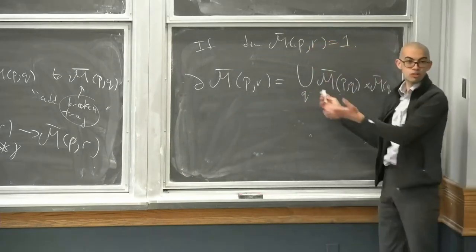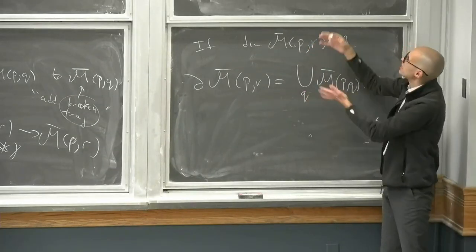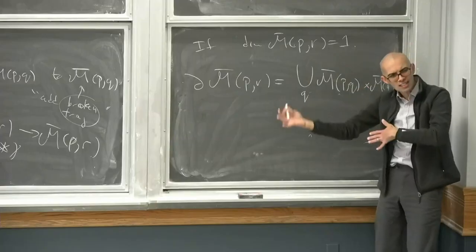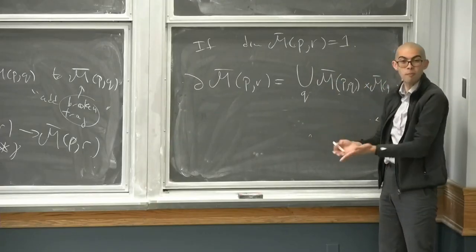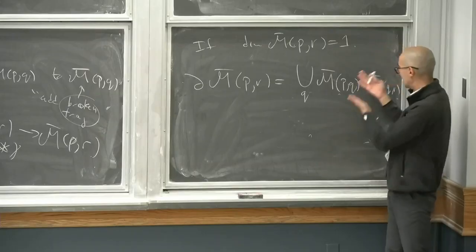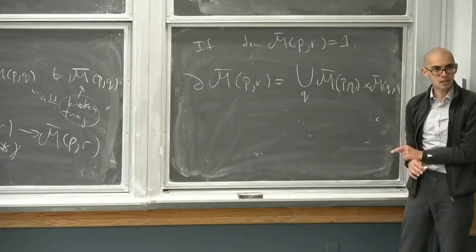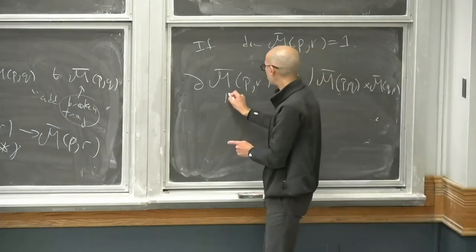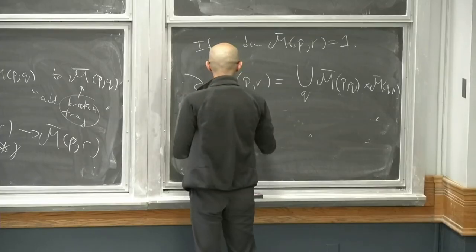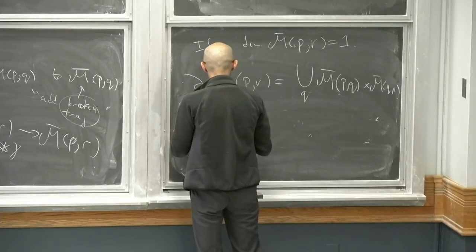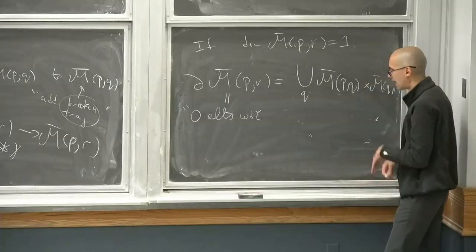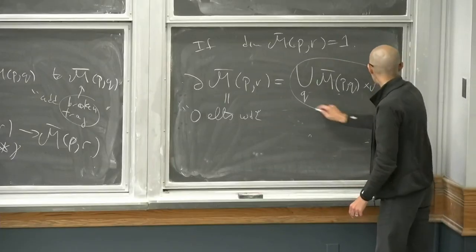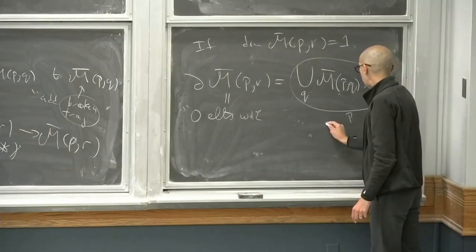When you take manifolds with corners, I have to say how strata meet, but there's nothing to say here. It's 0 and 1-dimensional things. There's no minus 1-dimensional intersections. Okay, but this implies something. Because the boundary of a 1-dimensional manifold has 0 elements mod 2. In turn, everything is oriented, so in fact it really has 0 elements, counted with multiplicities, which means that this has an even number of elements.